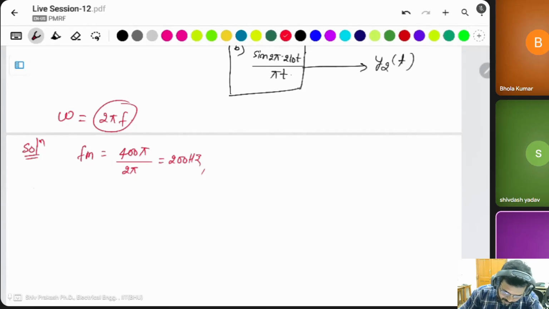Then for the first filter, first of all, this is 5 cos 400 pi t.